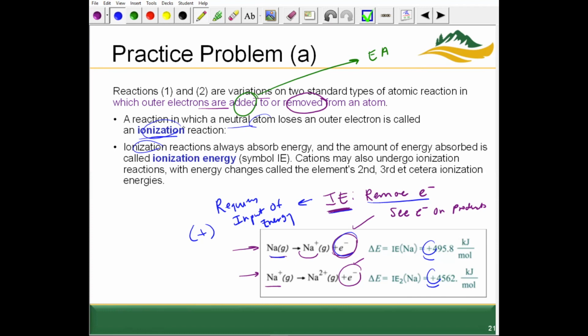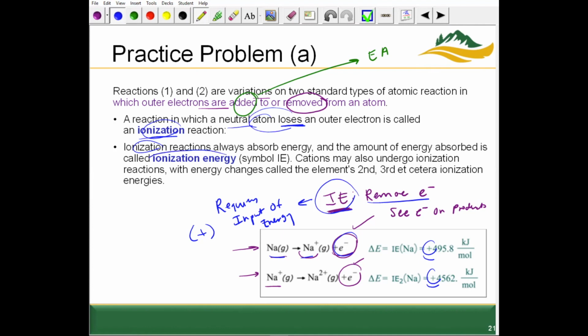When ionization specifically refers to an atom losing outer electrons, we know we're talking about its ionization energy. So ionization, when we're losing electrons to become a cation, this requires an input of energy.